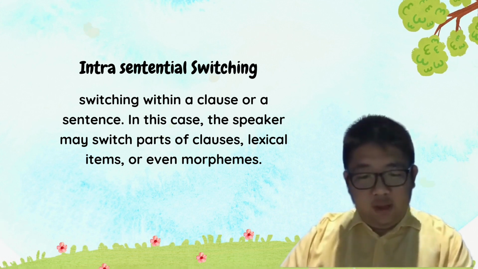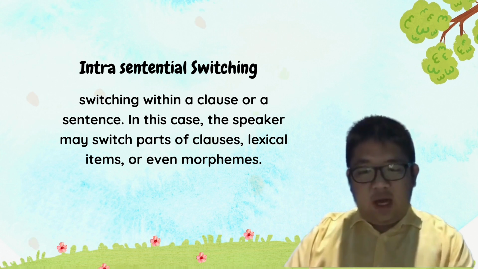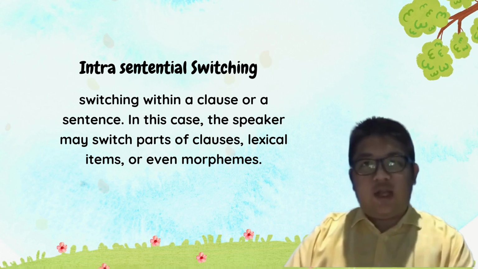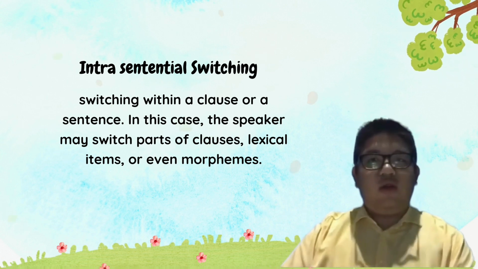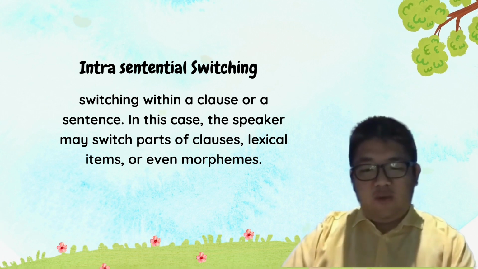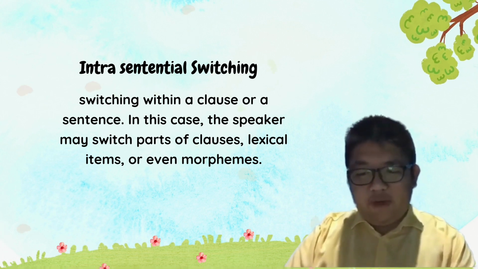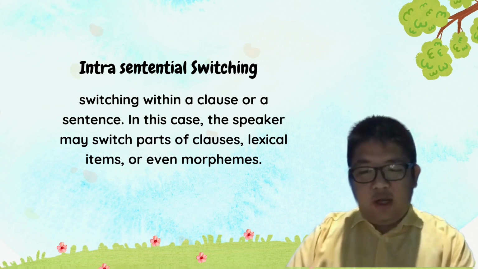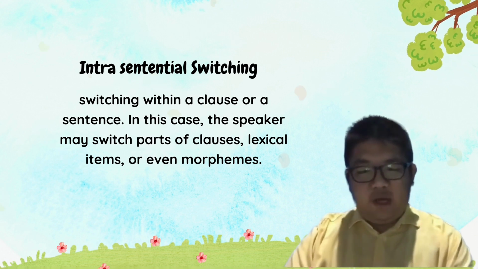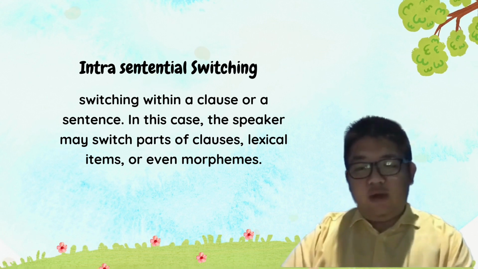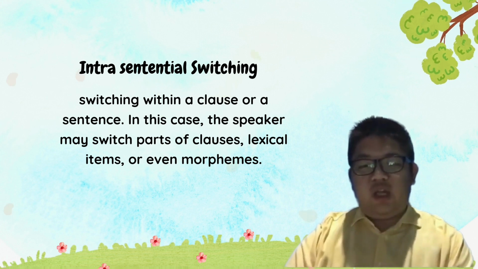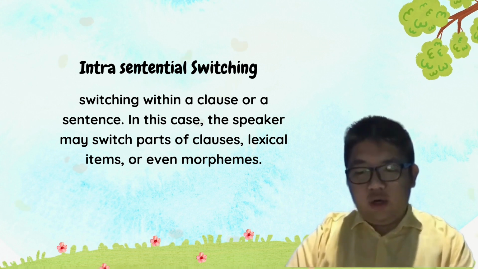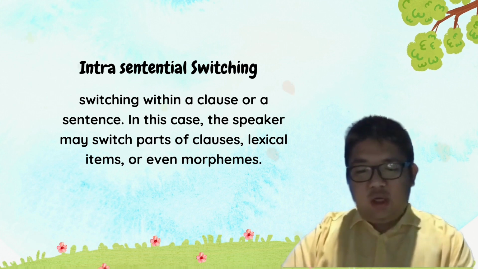For example, "I was speak-ando with Steve the other day." The word "ando" is from a Spanish progressive morpheme, rather than using the English "-ing". The grammatical boundaries of English and Spanish morphemes are similar.